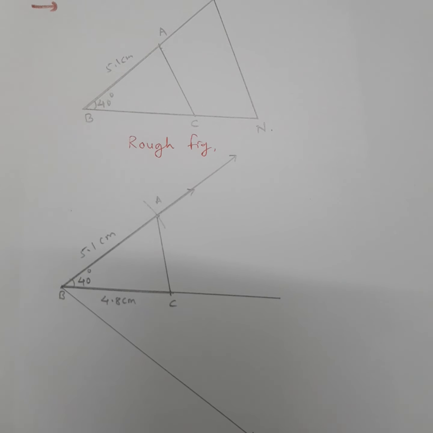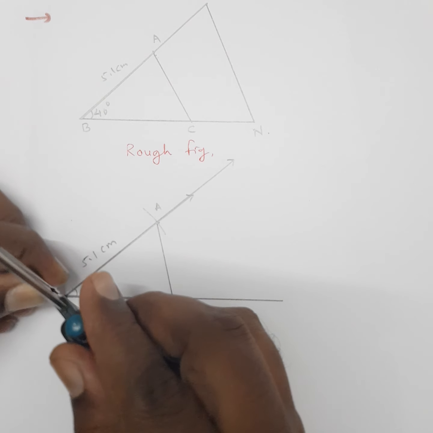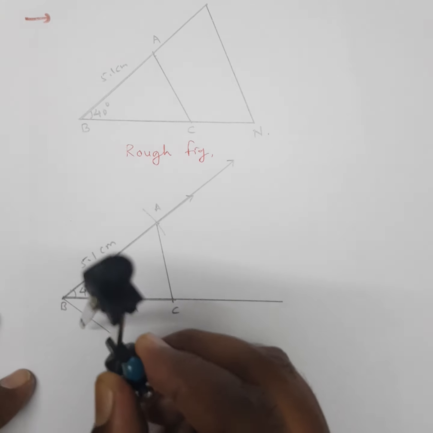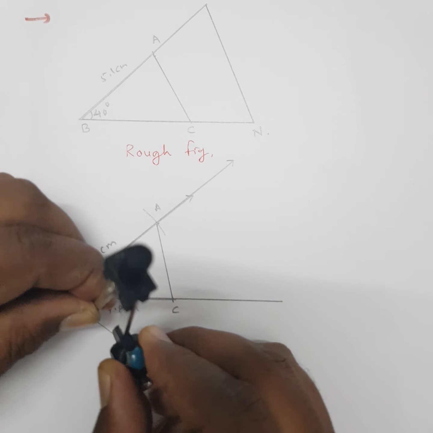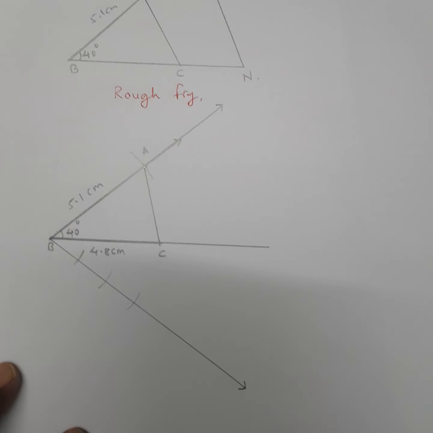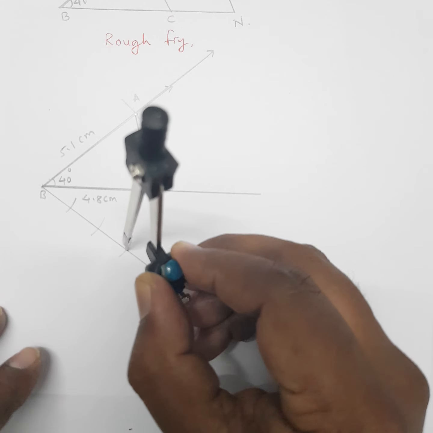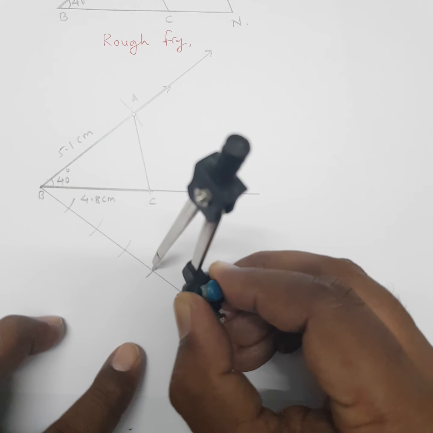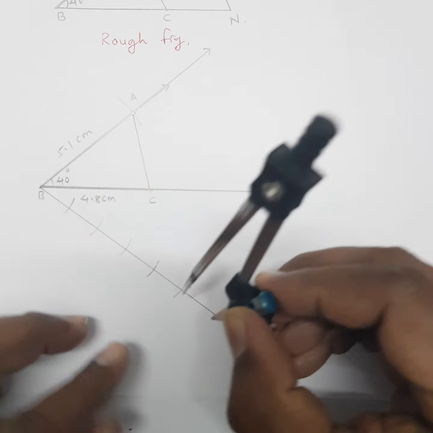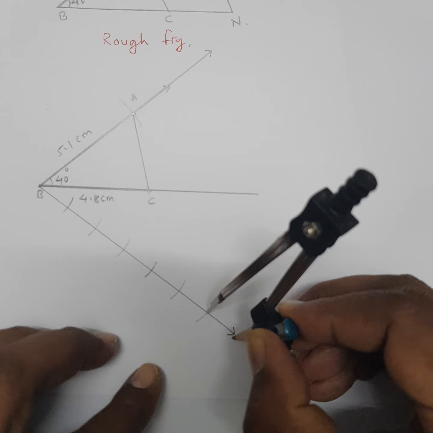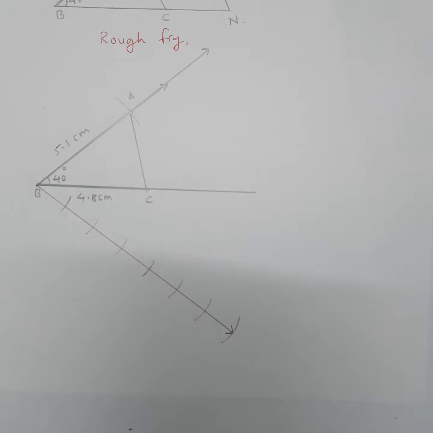Therefore we have to take 7 points on this ray. One, two, three, four, 5, 6 and 7.